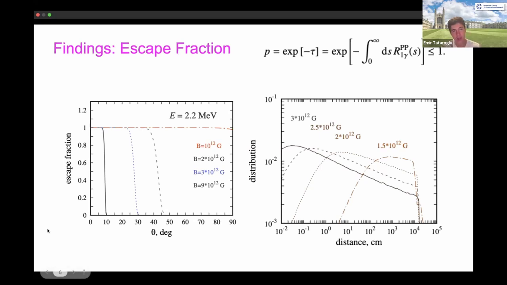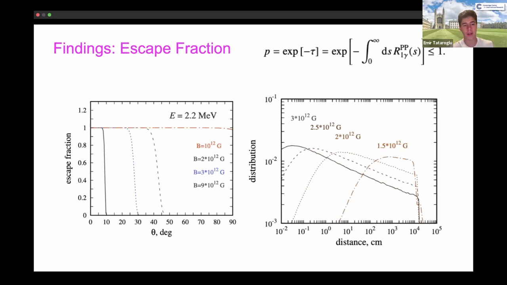So it says what percent of the photons that are emitted escape. Actually, this will be the inverse of that: one minus the escape fraction is the probability of absorption.